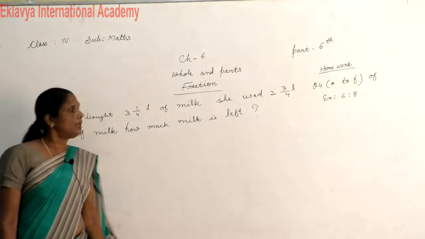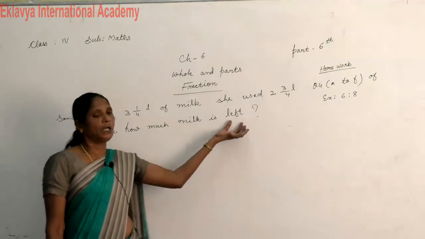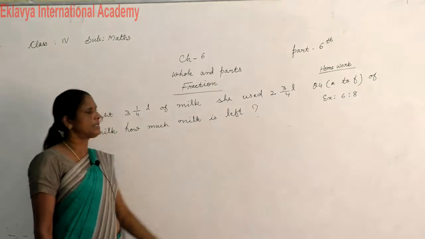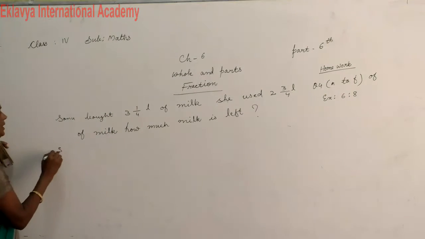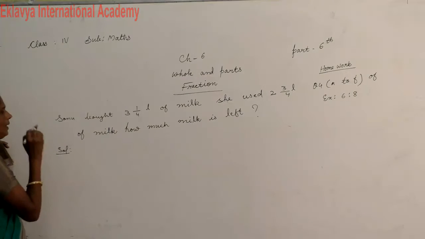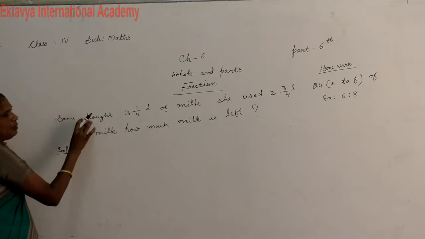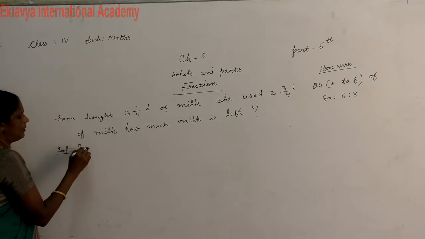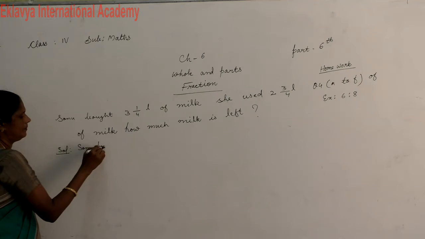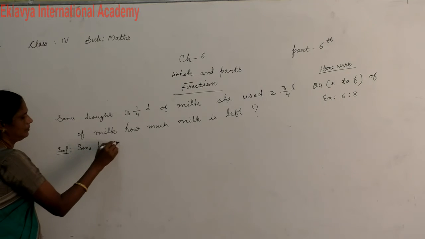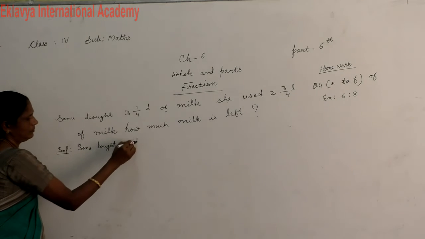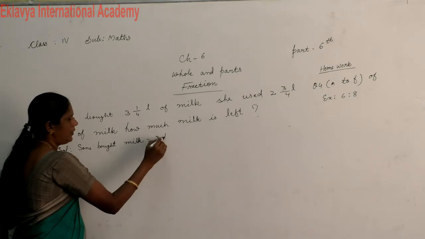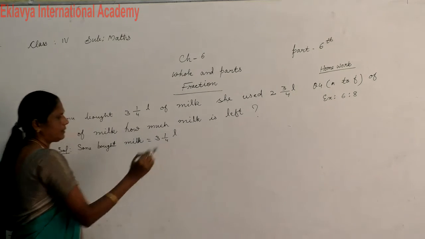First, here in the question the word left comes. What do you do? Subtract. First statement, solution. Sonu bought milk is equal to 1/4 liter.